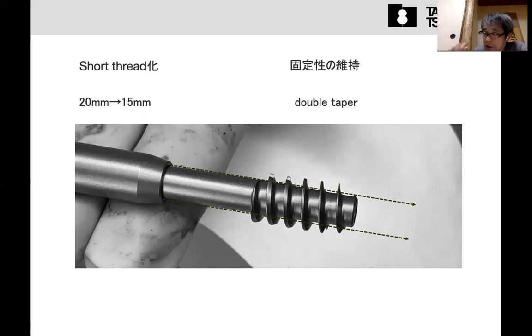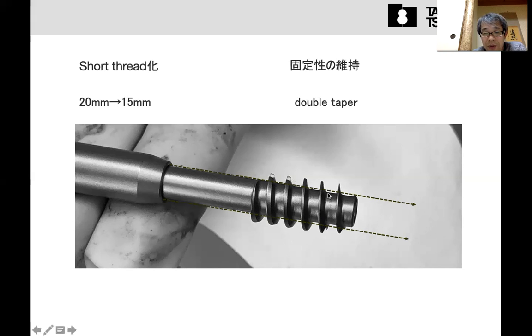This means if we insert this screw in the bone, the bone around the screw thread can be compressed, just like a blade impacted into the femoral head bone. After that, the bone around the blade can be compressed. That acts very beneficially for the screw fixation. This theory is the same.